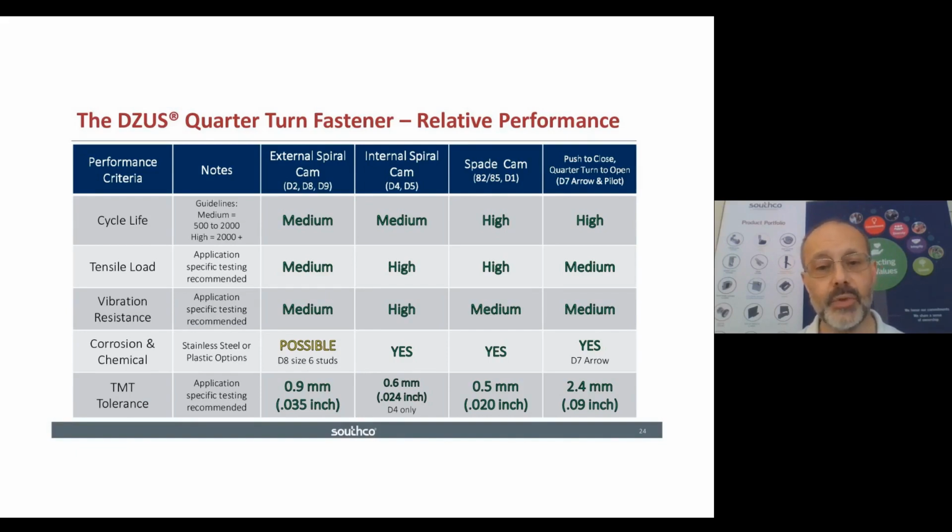Now it's important to note here, vibration resistance is not whether the fastener comes undone or not. These fasteners do not come undone under vibration. The vibration resistance refers to the fact that because our cam profile has the over center function that prevents it coming undone, it does mean that there is some compliance in the fastened system.